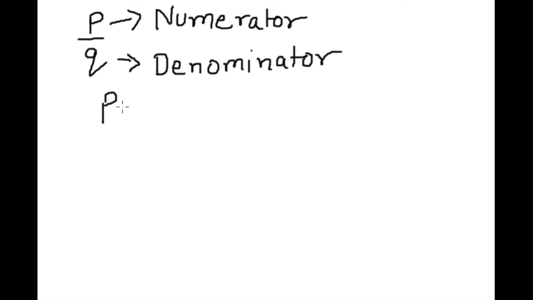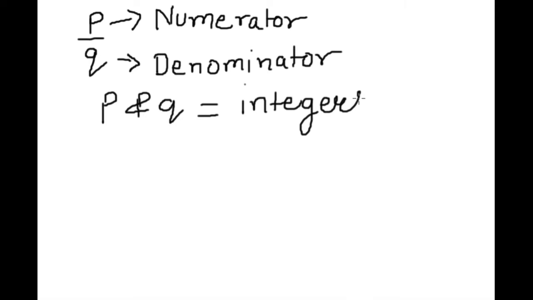Here p and q both should be integers. As we know what integers are, I already made a video on whole numbers, natural numbers and integers. Now I will explain here also what integers are.